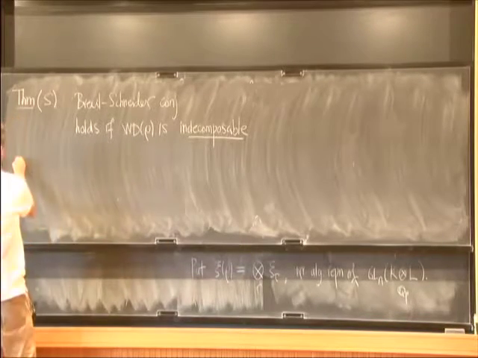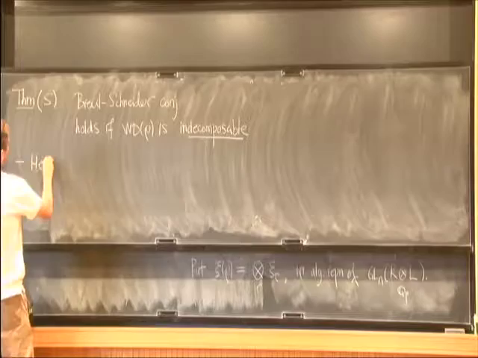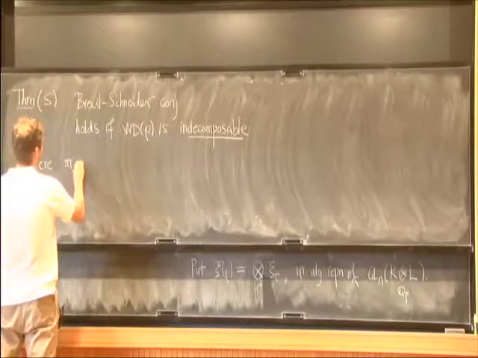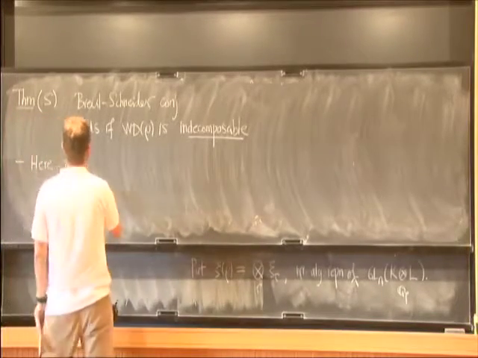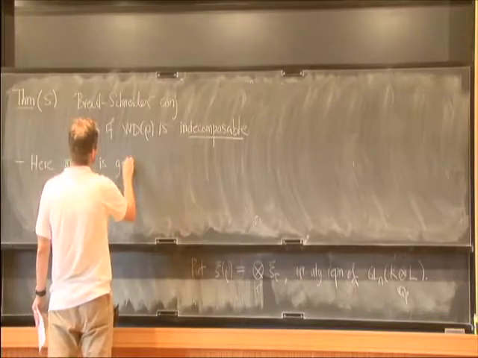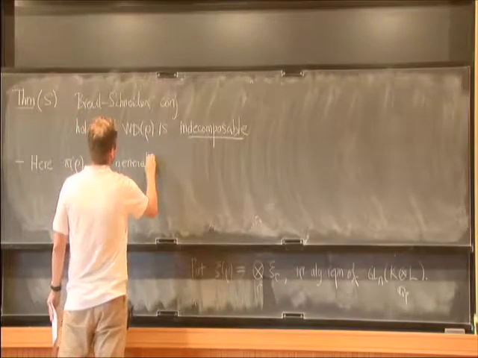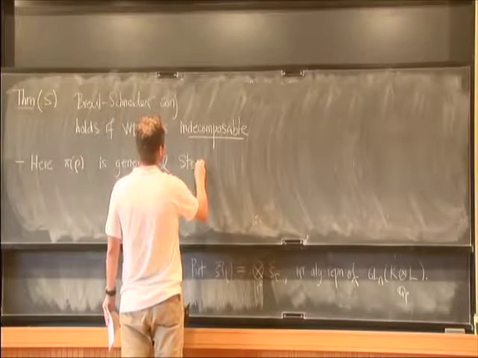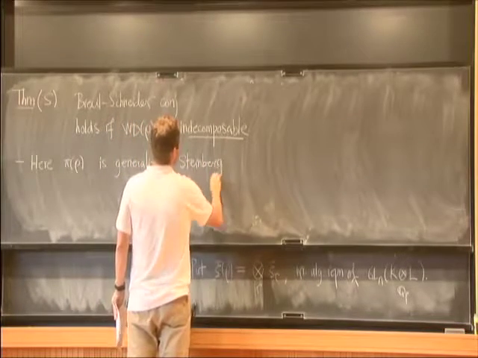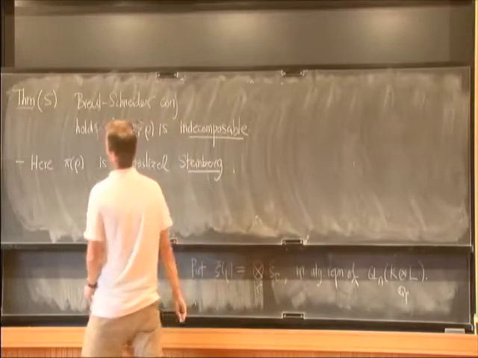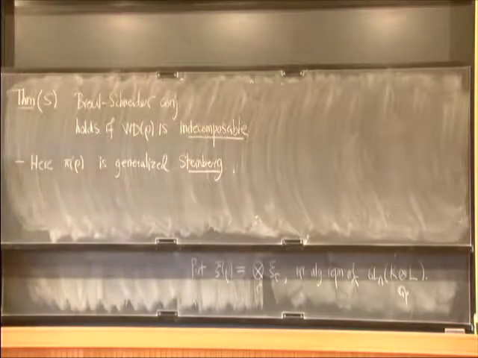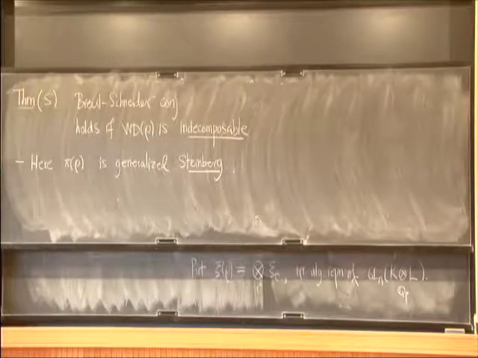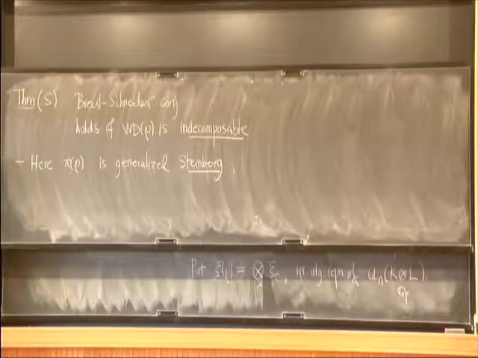So what this means is that pi of rho is what's called generalized Steinberg. And you can compute the Jacquet module of those guys. So if it's non-zero, it's simple. So this really simplifies tremendously.